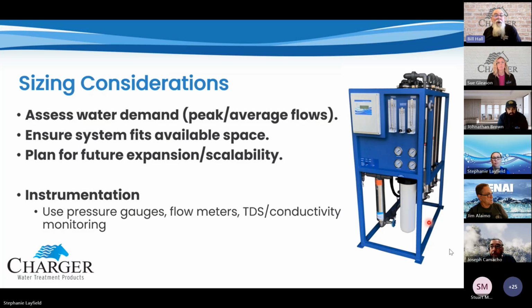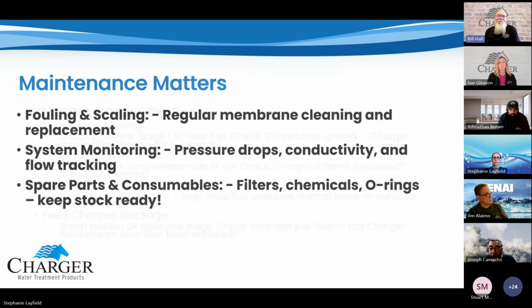You may be able to get more, but just rule of thumb right off the bat, 1 gallon per minute per 4x40 membrane. These are just some of the things to keep in mind when you're sizing these, and especially when you're troubleshooting them. When the customer calls and says, I'm not getting what I think I should, these are some of the things to look at.